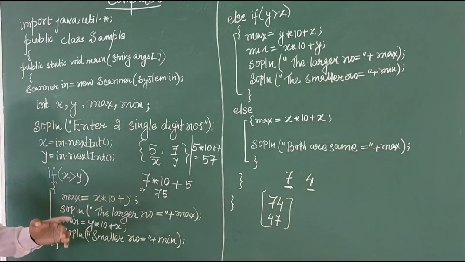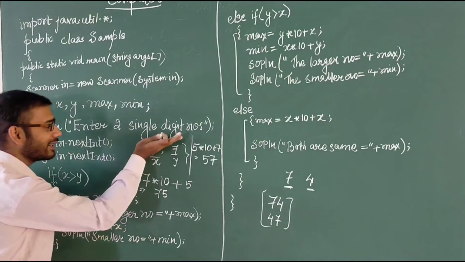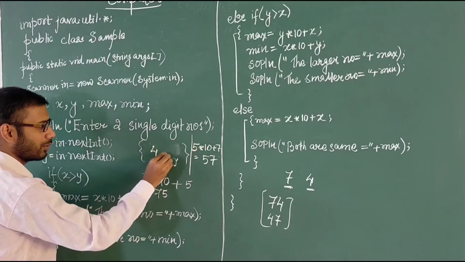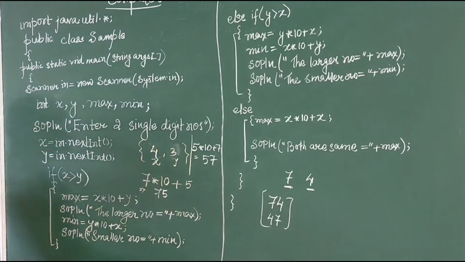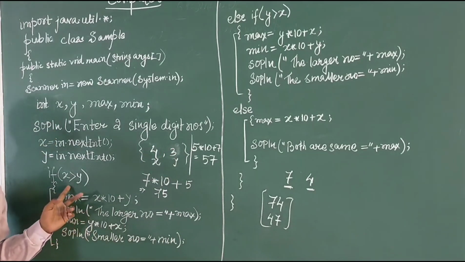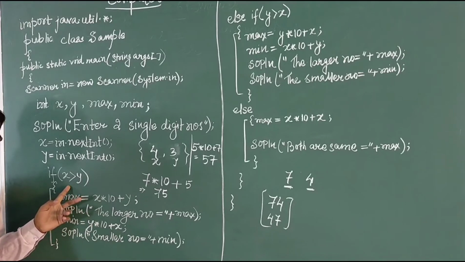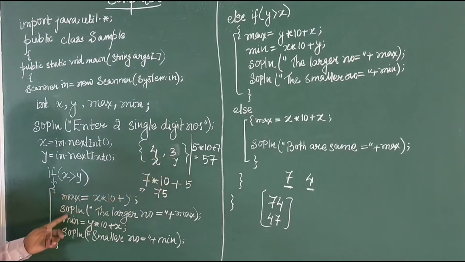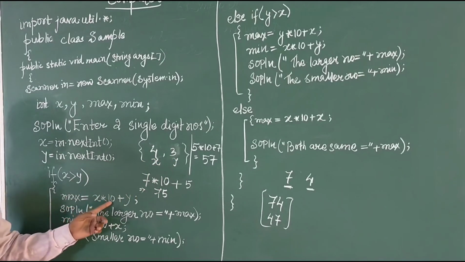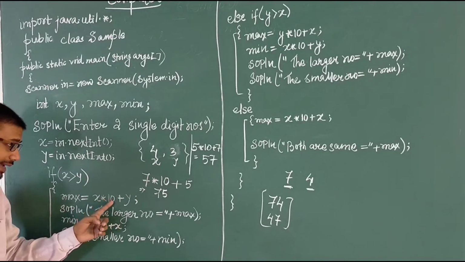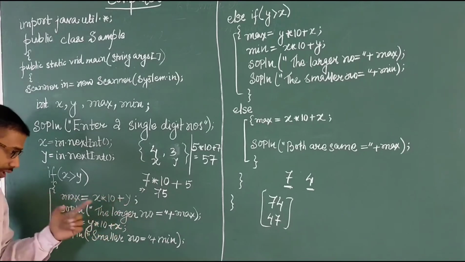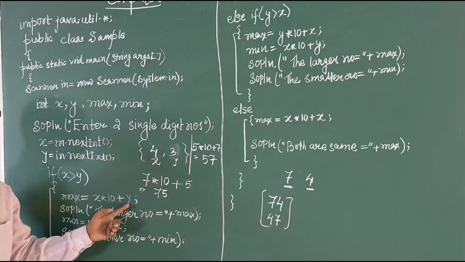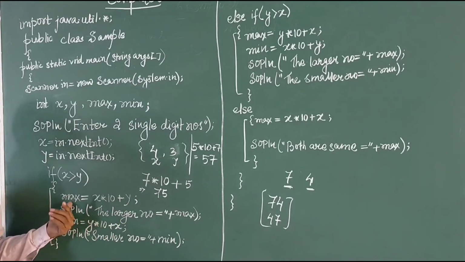Now let's suppose the user had given something like 4, 3. Then definitely this criteria would have been satisfied, isn't it? x is greater than y. Similarly, over here, just go through x into 10, that means larger digit multiplied by 10 plus smaller digit is equal to the larger number.